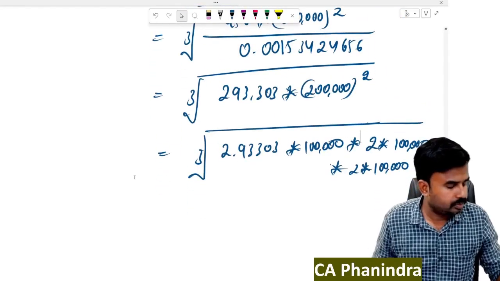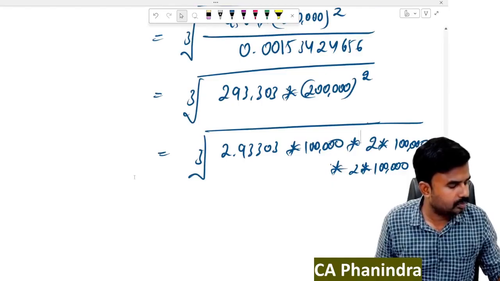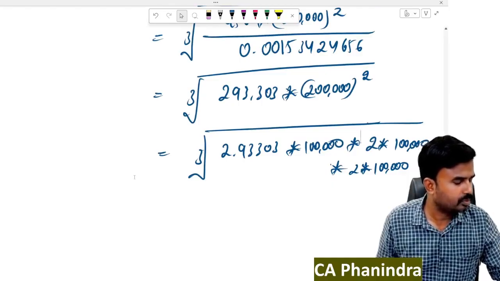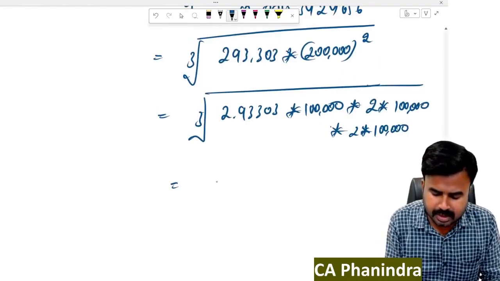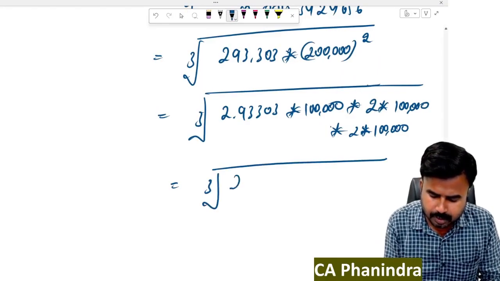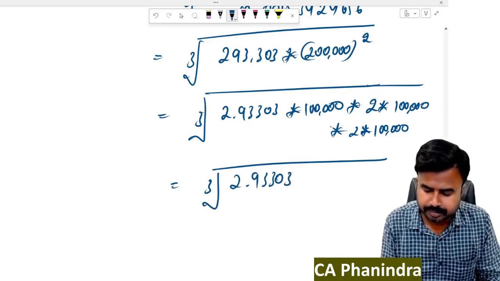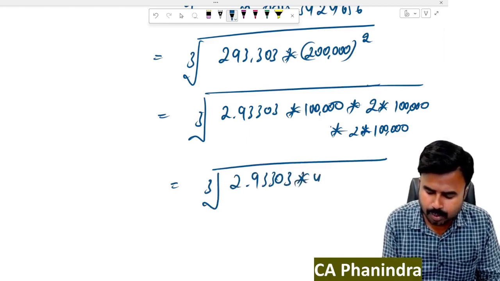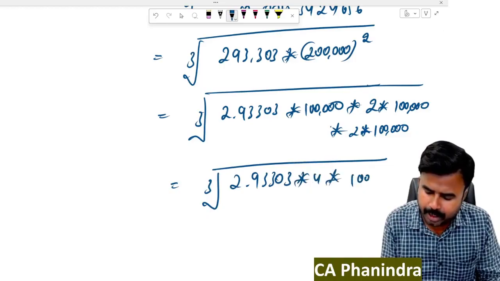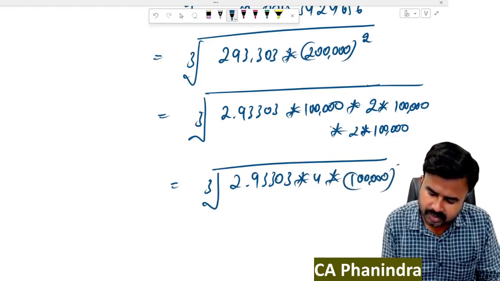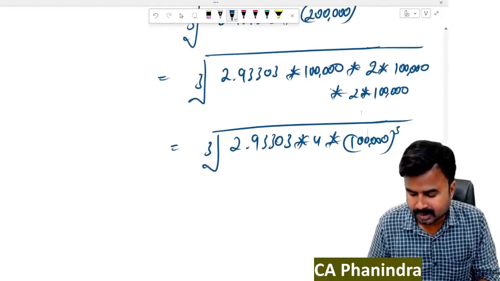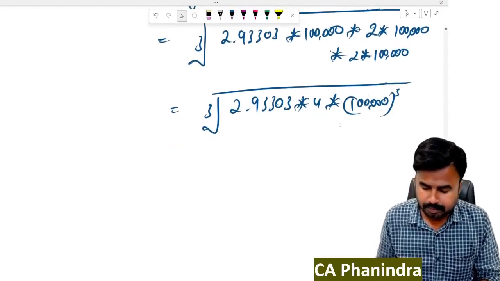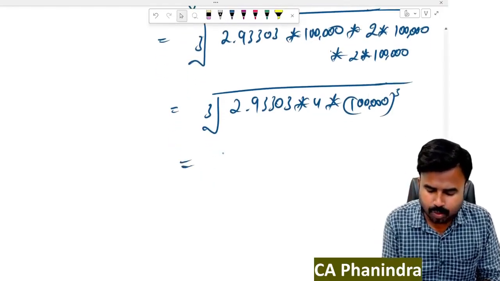So I can write this term as the cube root of 2.93303 into 4 into 1 lakh cube. Just take that number 1 lakh out of it.